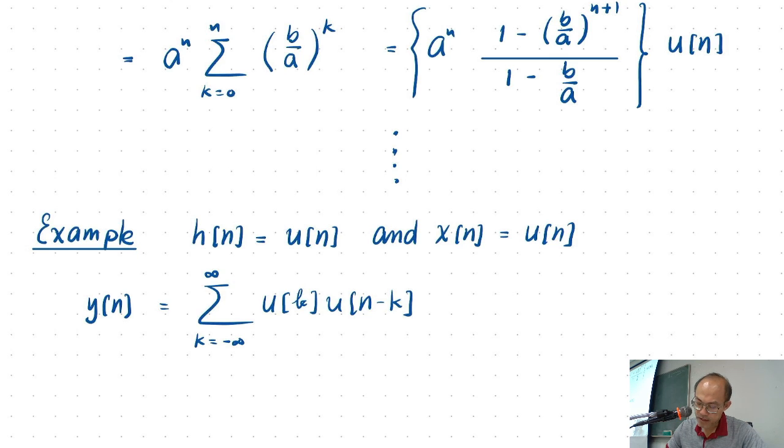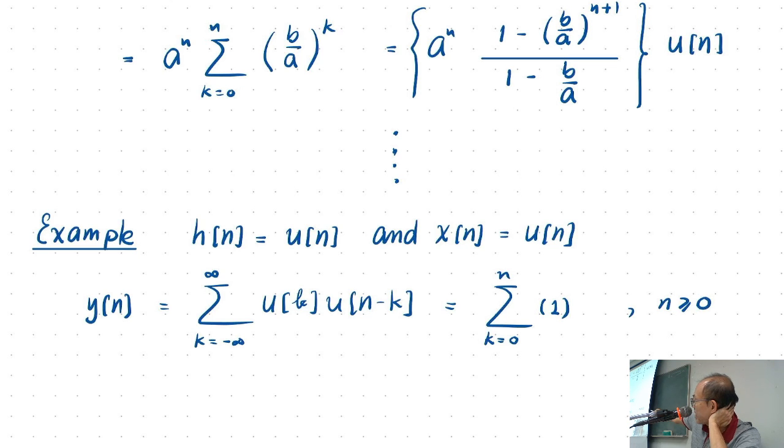Okay, and then we know that we have to change the boundaries of the summation to go from 0 to n. And then once we do that, all of the u will be 1. Okay, and then I have to mark that n cannot be negative. Now, what does this mean? It means that you have to add 1 n plus 1 times, right?